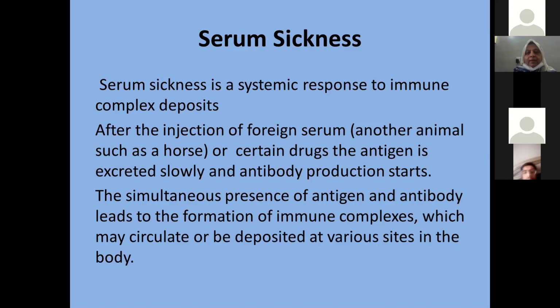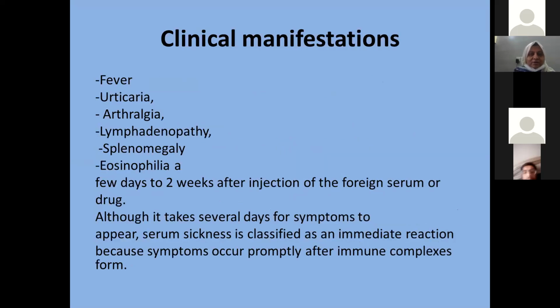In many aspects, this resembles anaphylaxis also, but because it is not as immediate as anaphylaxis, and because its pathogenesis is different from anaphylaxis or immediate hypersensitivity, it is placed in this separate class of hypersensitivity type 3.